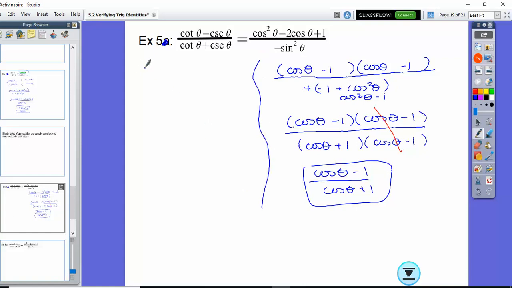What would we change cotangent to? Cosecant. Over cotangent, which is cosine over sine, minus cosecant is 1 over sine. Oh, that's a plus. Sorry. Couple options for what we can do here.